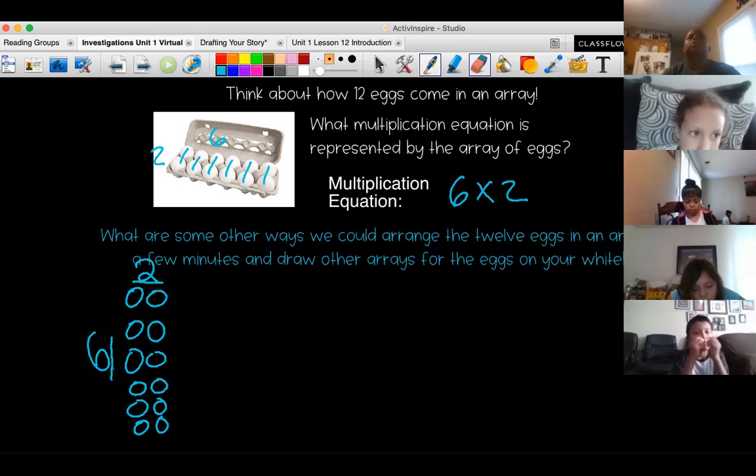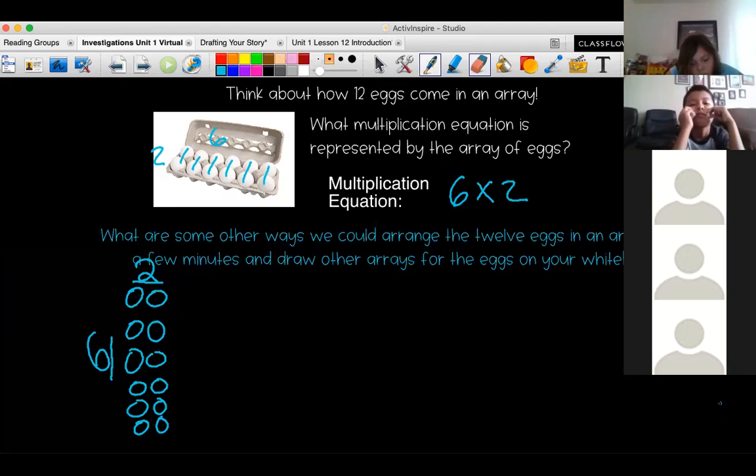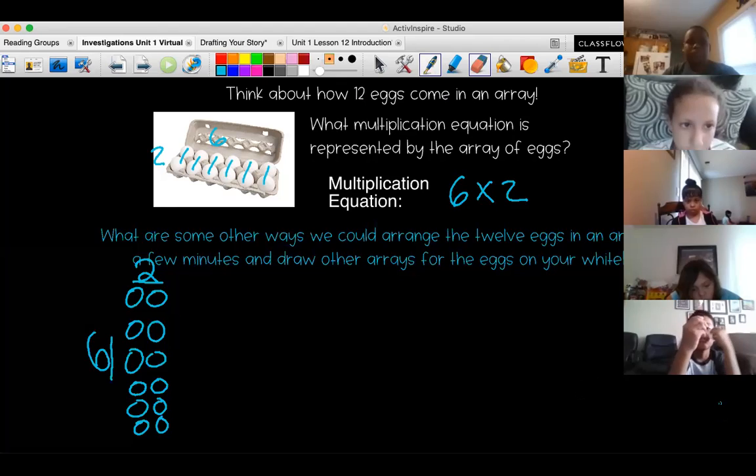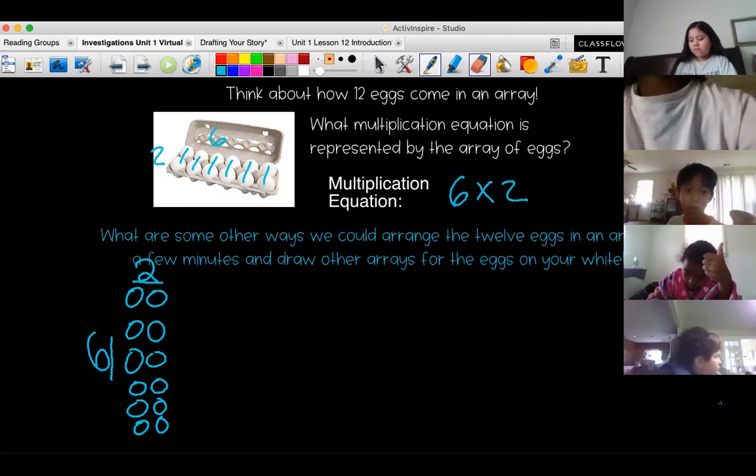So Eric, you're trying to arrange 12 into equal rows. It doesn't have to be 2 and 6. So you could do different combinations of where you could put 12 in equal rows.